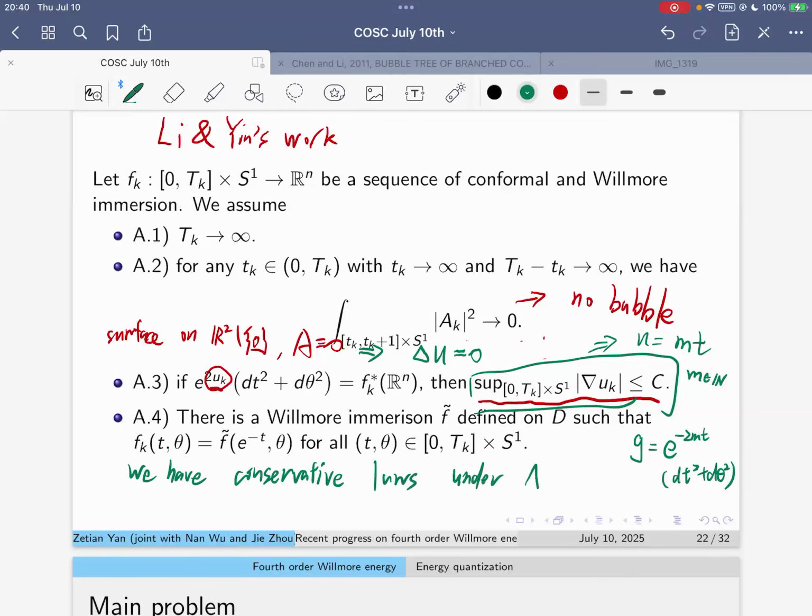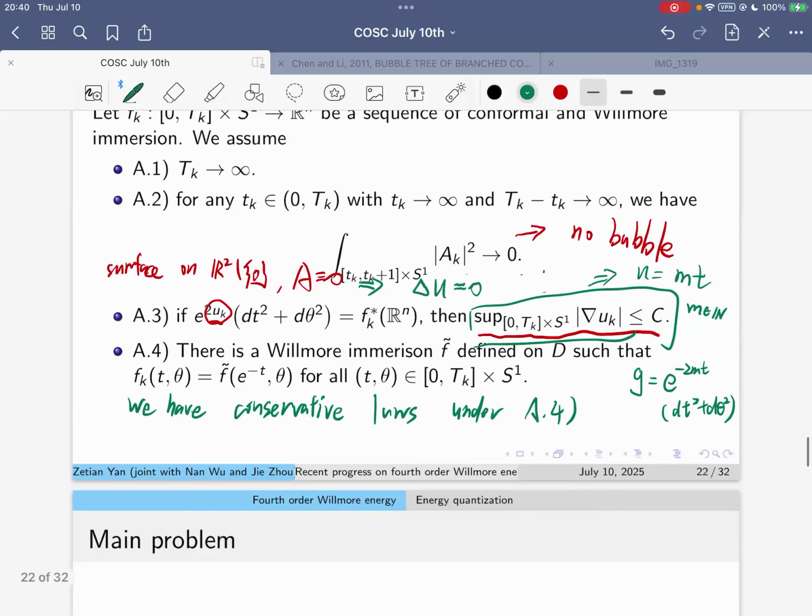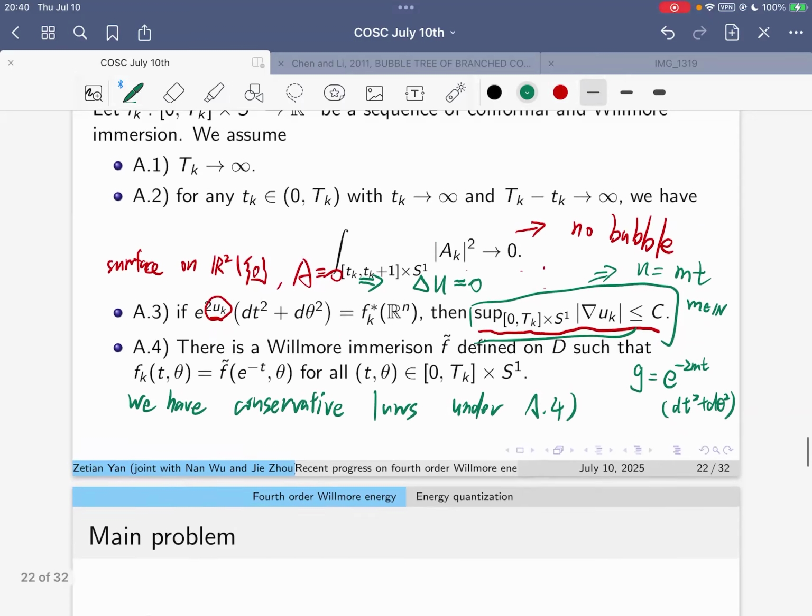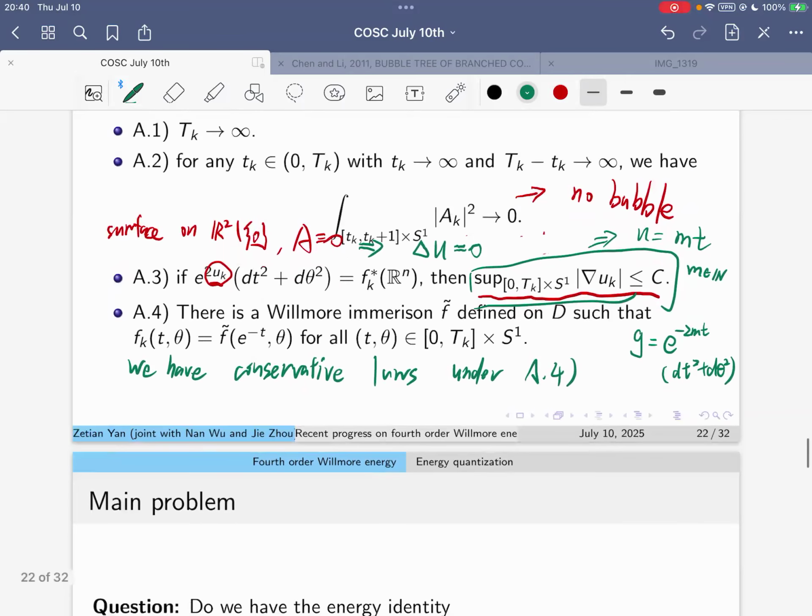So under assumption 4, because as I said before, right, Willmore energy is conformally invariant, under translation, dilation, and rotation like this. So if we have assumption 4, we can calculate the first variation such that we have some conservation laws.